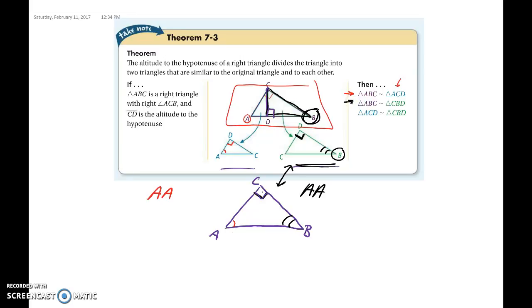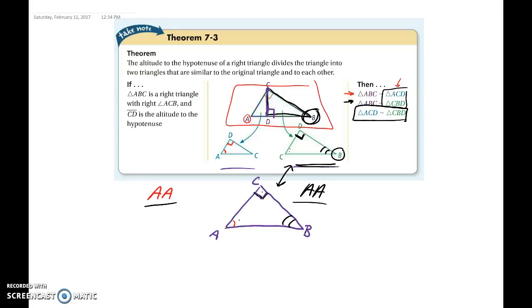In this case, angle A and angle C would have to be congruent by the third angle theorem. And since ABC is similar to both ACD and CBD, we can say that these two triangles are similar as well. So all three of these triangles that are created when we draw an altitude from the right angle to the hypotenuse are all similar, and we can say that because of the angle-angle similarity that I showed you.